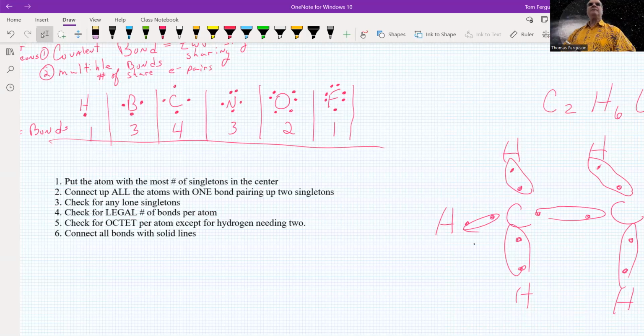Look at carbon up there. How many singletons does it have? 1, 2, 3, 4. 4, exactly. It has to do with how many valence electrons carbon has.